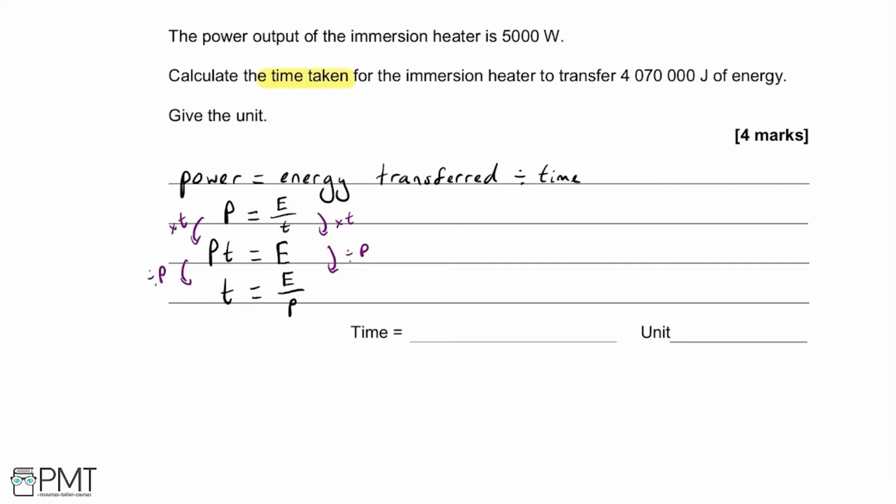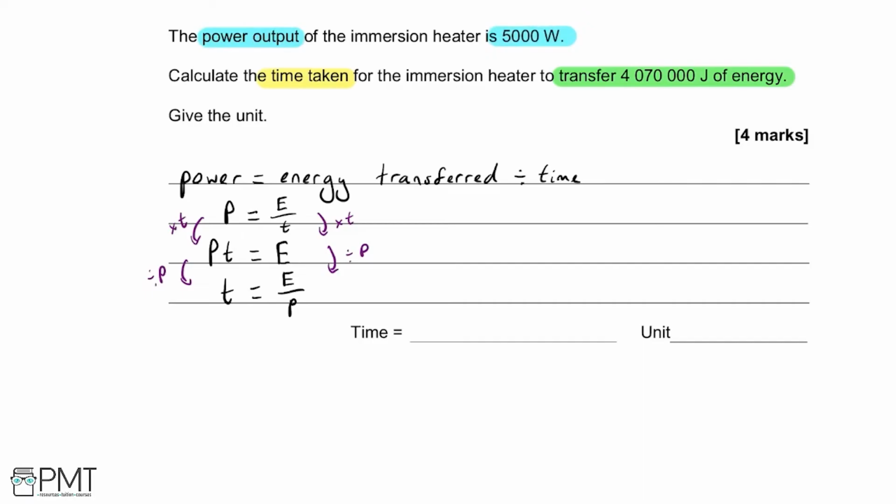So now all we need to do is find the values. So we know we're looking for the time taken. We want the energy transferred. So we want the immersion heater to transfer 4,070,000 joules of energy. So that will be our value for E. And we want the power. And the power output is 5,000 watts.